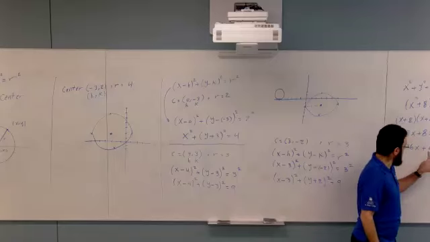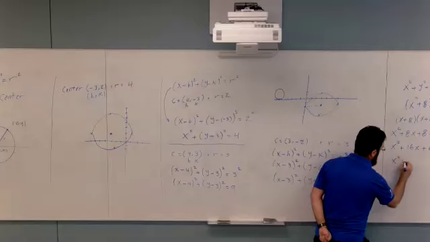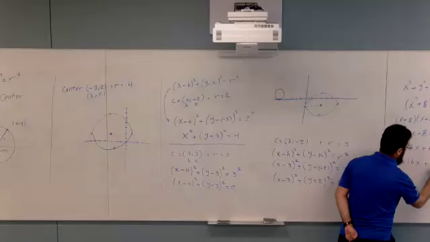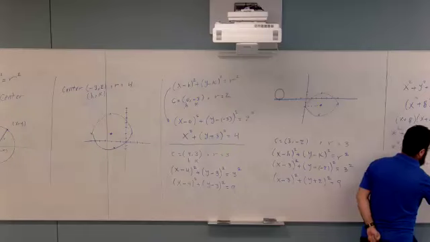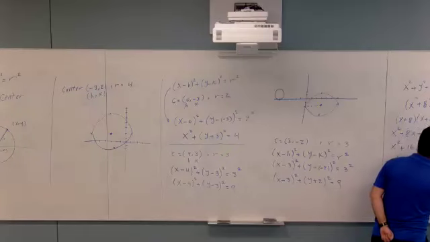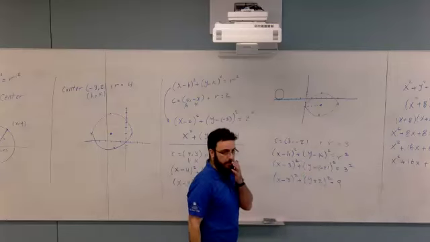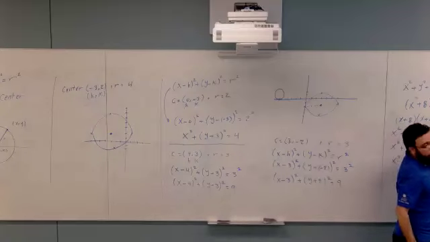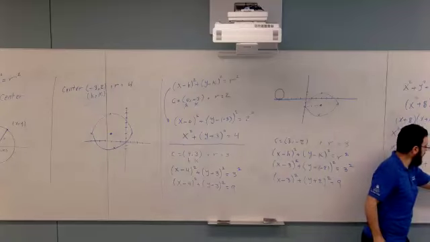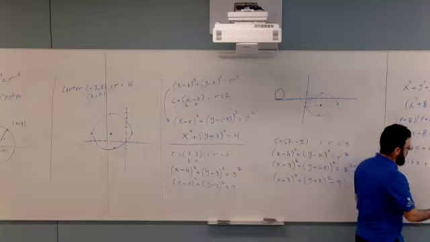Combine the like terms, 64 plus 1. So x squared plus 16x plus y squared minus 2y plus 65 equals 25. Next, what do I have to do? The general form should equal 0. So I just have to move the 25 to the other side, so minus 25 from both sides.